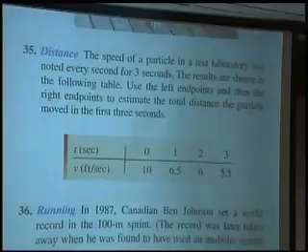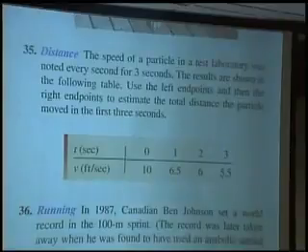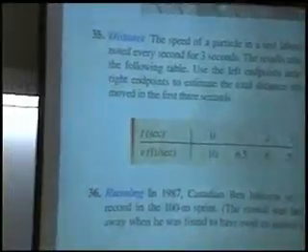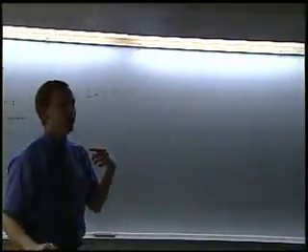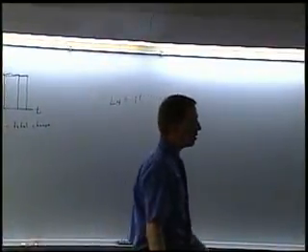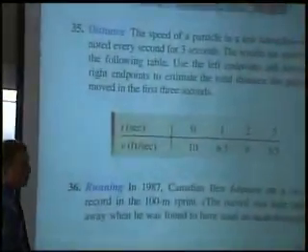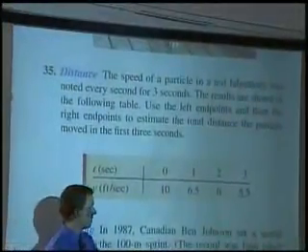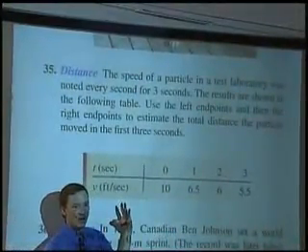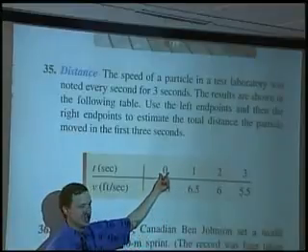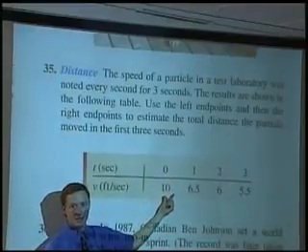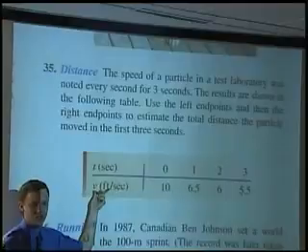Okay? So the first time interval goes from 0 to 1. So how much time has gone by? Yeah, just 1 second, right? From 0 to 1. So in the first second, what am I going to use for the speed of that first second? I'm going to use the left side of that time interval, so I'm going to use 0, which is 10 feet per second.